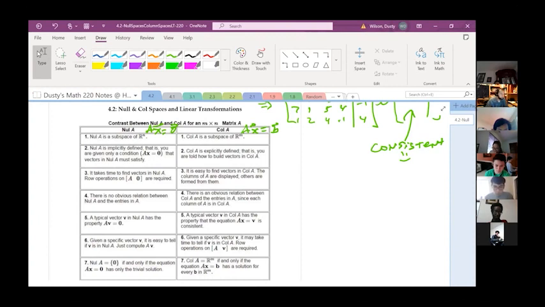Is there someone who wants to raise their hand to unmute and read off the two ones? Elijah, do you want to read that off?